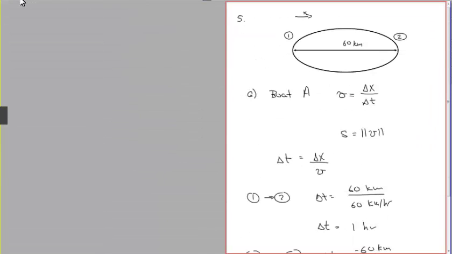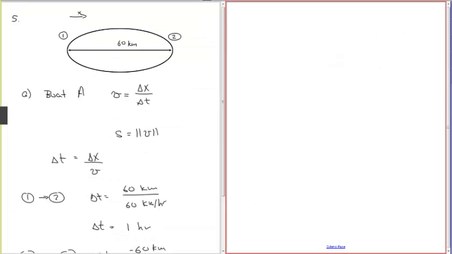So now let's look at boat B. So the same thing, if you look at going from 1 to 2, the time is the distance, which is 60 kilometers.